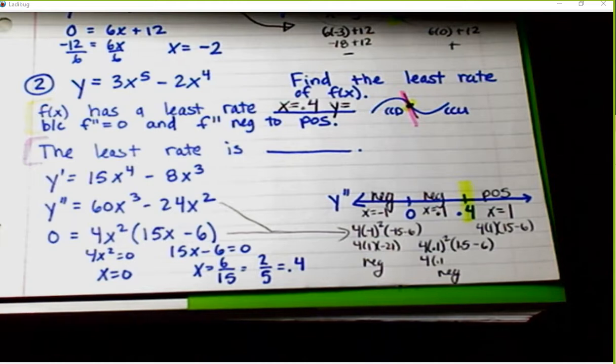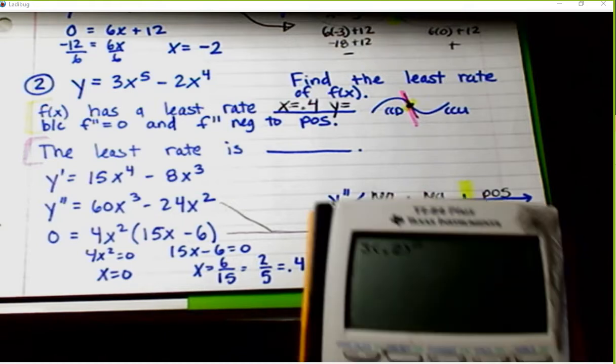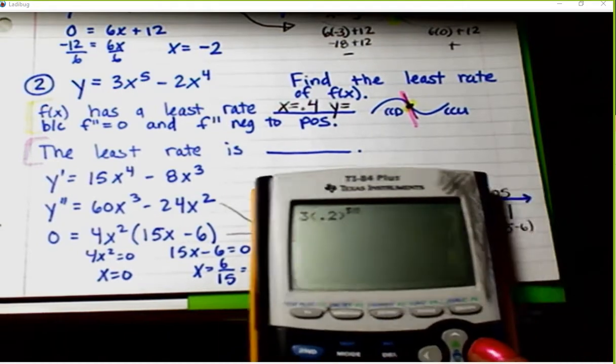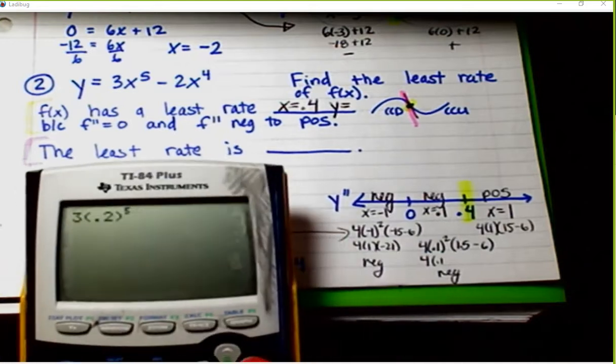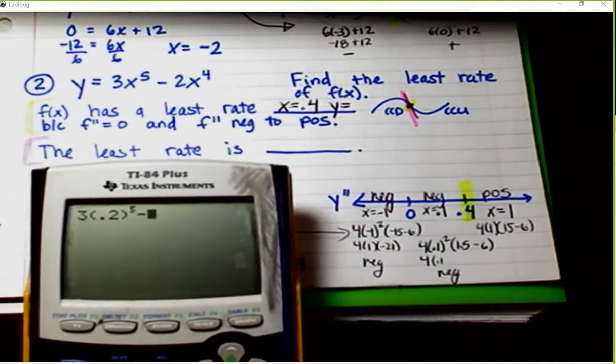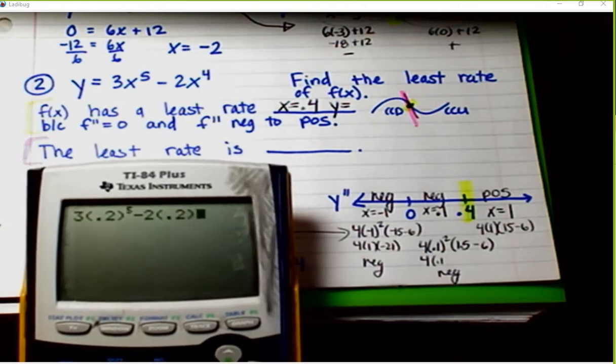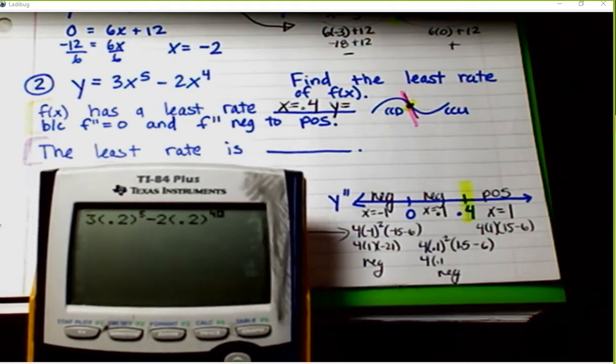I'm going to use a calculator to find that y coordinate so that I can plug in the 0.4. Okay, so 3 parentheses, 0.4, power 5. Right, so I'm just, there we go. Minus 2 times 0.4 power 4.